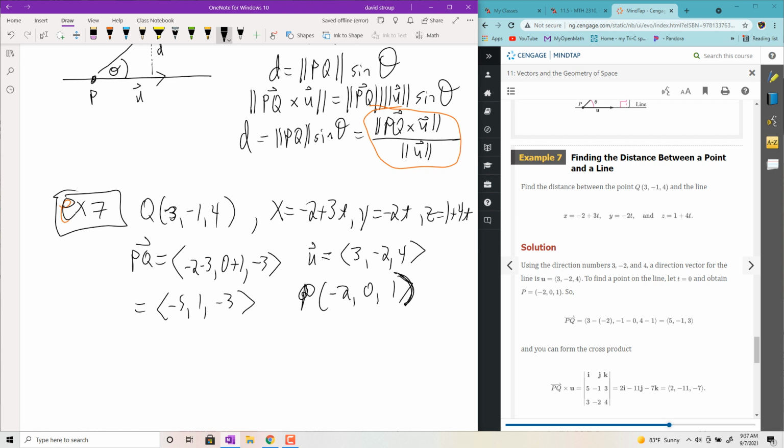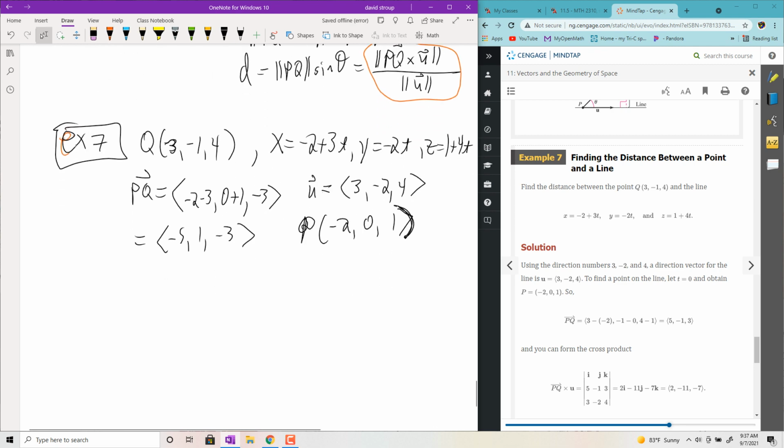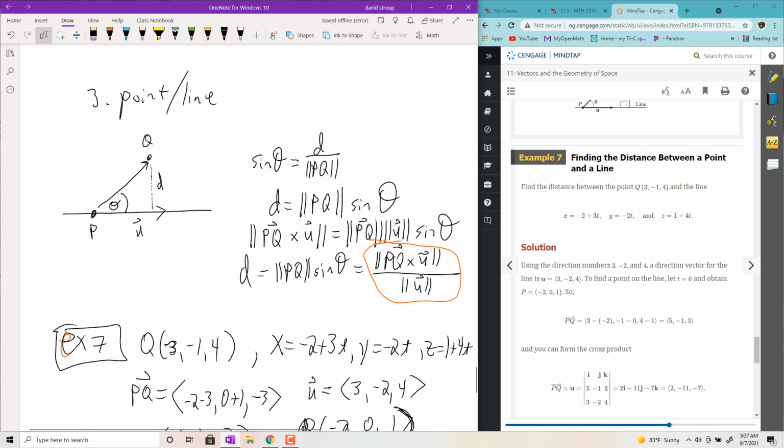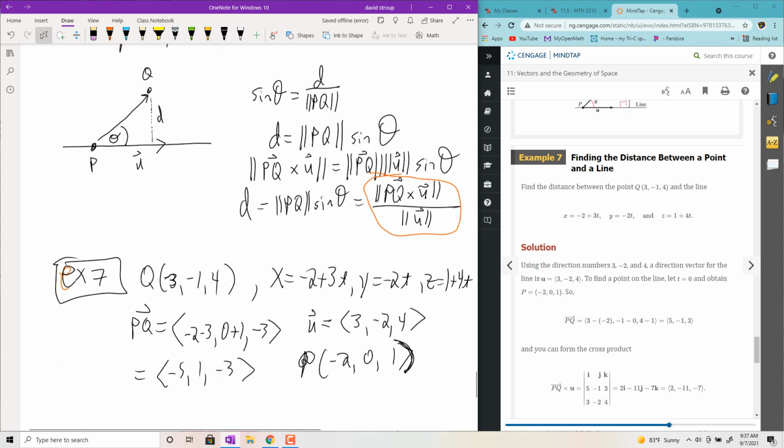Oh, I did QP instead of PQ. I don't think it'll matter. So let's try it anyways and just see if we get the right answer. I don't see why it would make a difference. PQ and QP will have the same length, right?